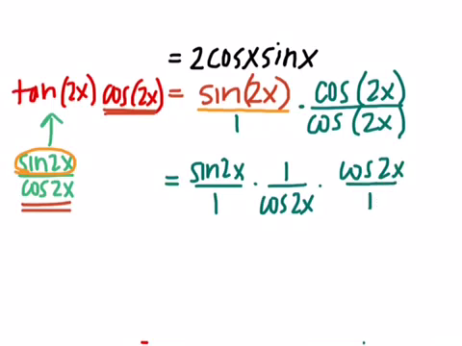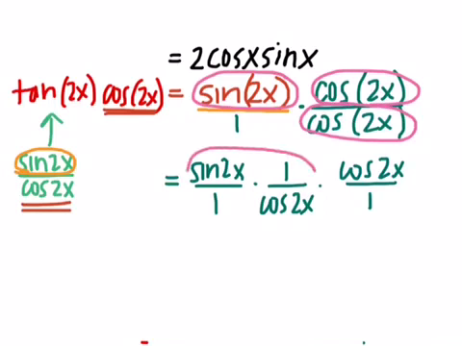Just breaking those three, really two fractions, into 3 terms. That's one term, that's one term in the denominator, and then we have another term in the numerator. And then because with multiplication order doesn't matter, we can group these however we want. So I'm going to group these two together and make them sine of 2x over cosine of 2x.